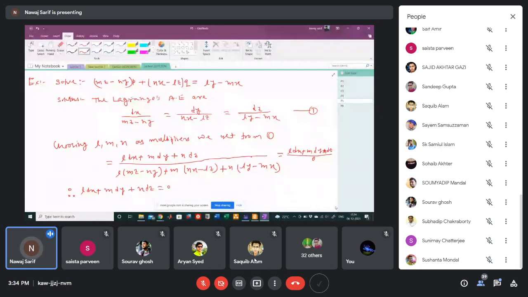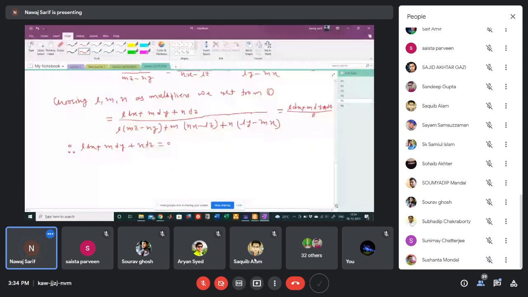So now integrate this equation. When you integrate, what will you get? Therefore, on integrating we get lx plus my plus nz equals c1.